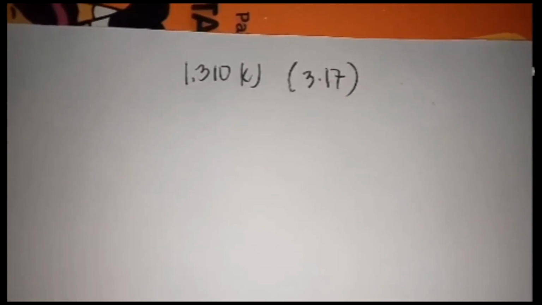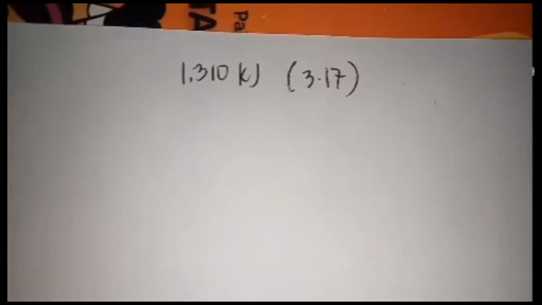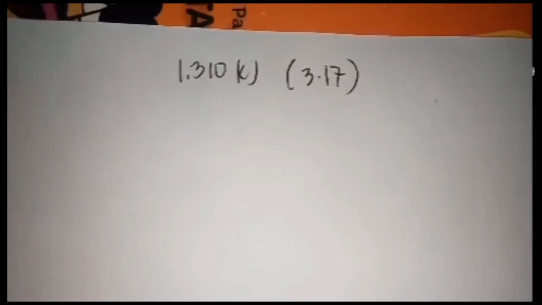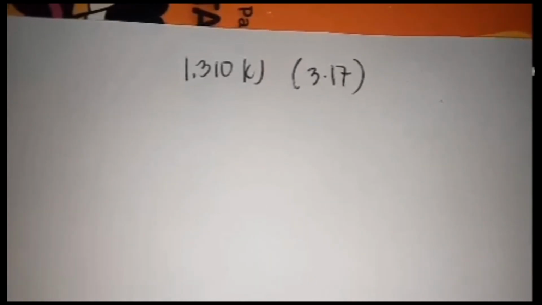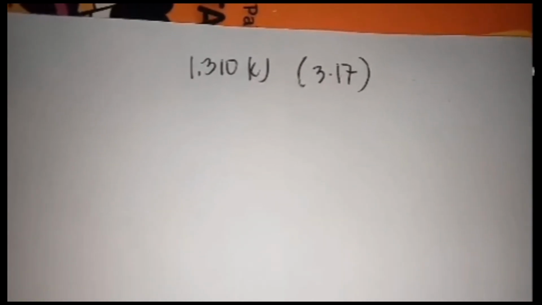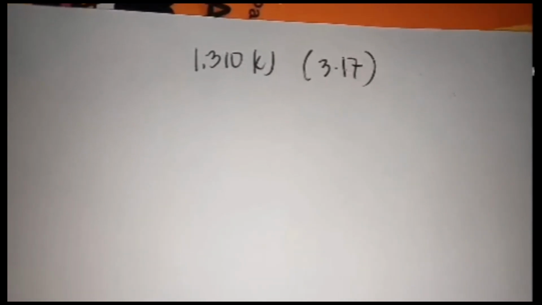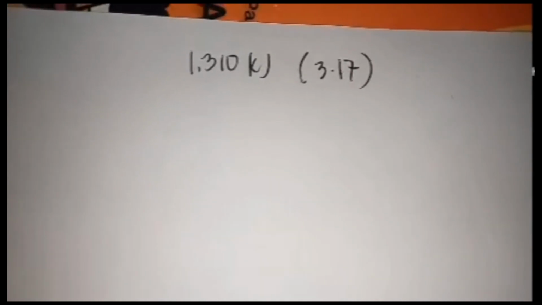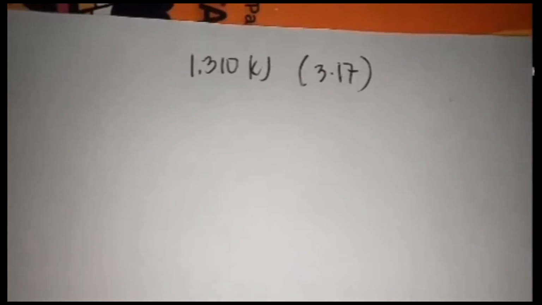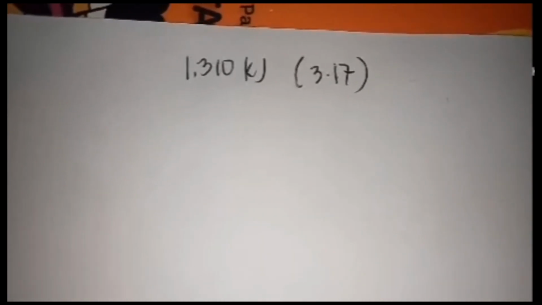The 1,310 kilojoules was not the final answer. It was the amount of energy generated when 0.315 moles of hexane is burnt. What we were asked for was the molar heat of combustion.